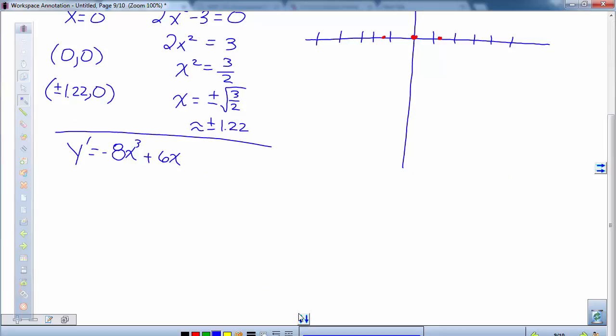And of course I'm going to set that equal to 0. All right, I can factor out x, or maybe even 2x if that's what I want to do. I'll factor out negative 2x. And that's going to leave me with 4x squared minus 3. Is that right?